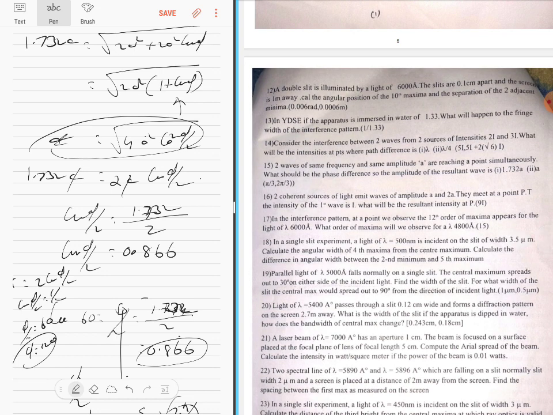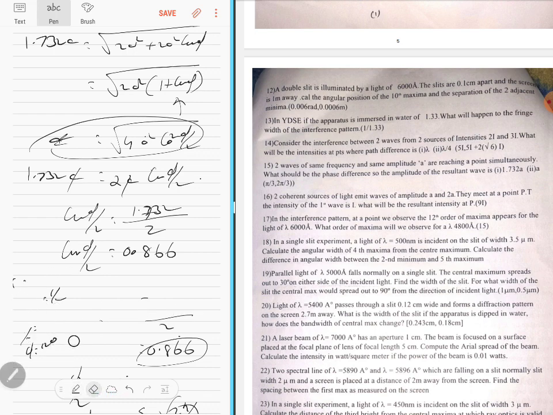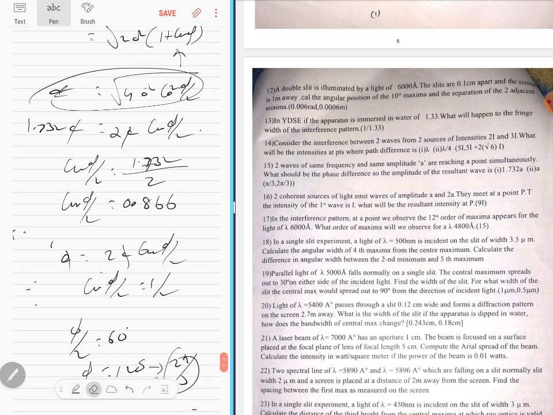How is it possible? Means 1.732a, and when it's just a, there should be some difference to it, no? So if it's just a, then a is equal to 2a into cos phi by 2, where a and a get cancelled. Cos phi by 2 is equal to 1 by 2. When will cos phi by 2 be just 1 by 2? It will be 1 by 2 only at 60 degrees.